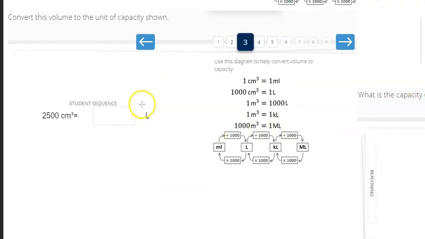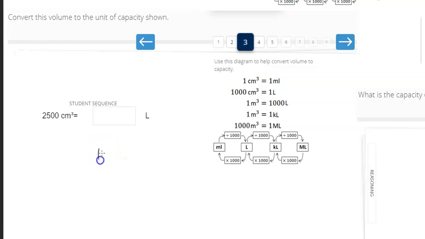Here, we're going to convert this volume to the unit of capacity shown. So we have 2,500 cubic centimeters, and we want to see how many liters we can fit in that. Well, what we do know is that 1,000 cubic centimeters is equal to 1 liter.